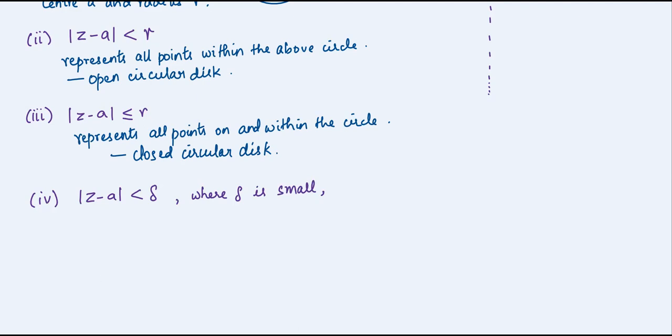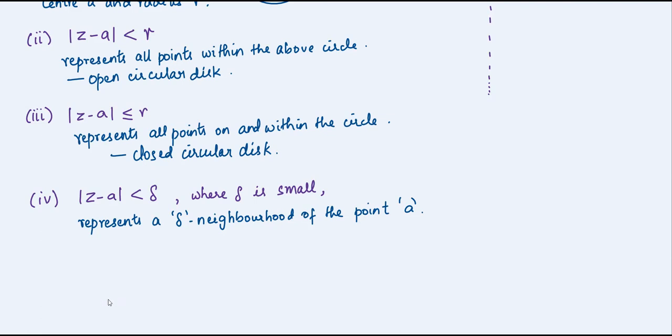This represents a delta neighborhood of the point A. This will be important for us to define in calculus definitions. So this is a neighborhood.